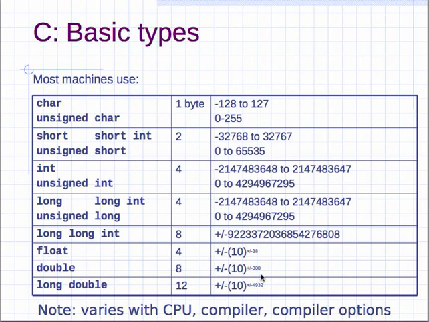And when you double, the largest positive number is 10 to the power positive 308. That's a massive number. And then the most negative number would be negative 10 to the power positive 308. That's a very large negative number in some ways. And the smallest number would be positive 10 to the power negative 308, roughly.